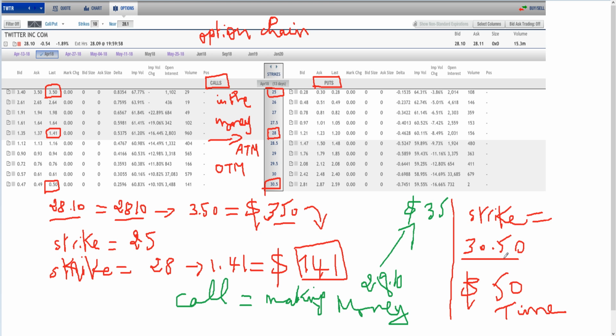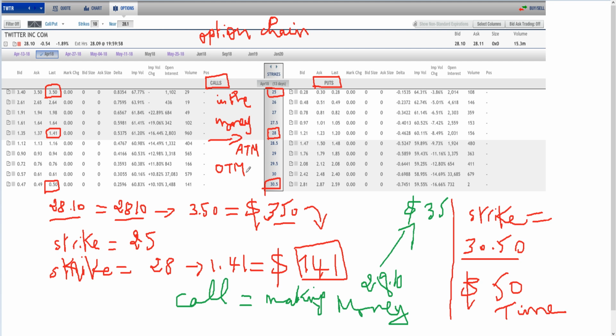Now, the only thing I'm telling you here is that if you want to buy options, calls, and you think that the stock will be going up, you can choose any one of these, okay? Understand this is out of the money. It means 29, 29.50, 30. It means it has no intrinsic value. It means the contract itself has no value.